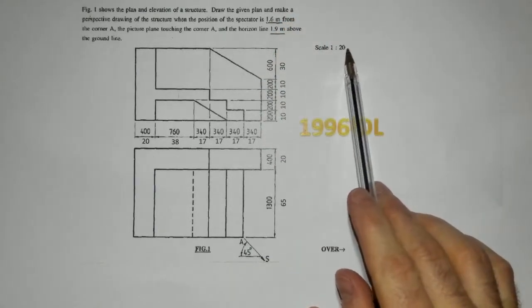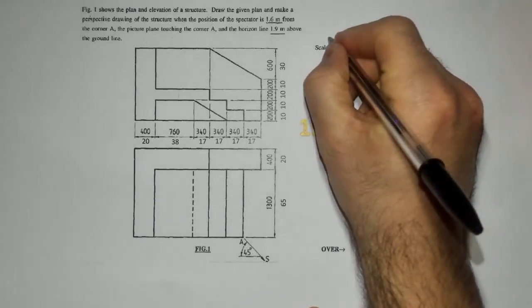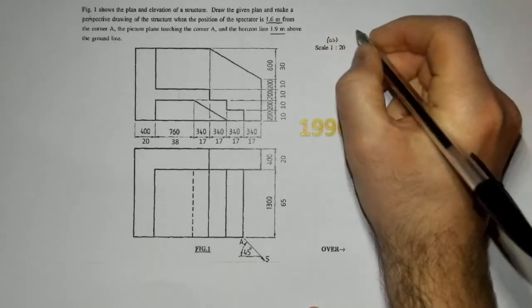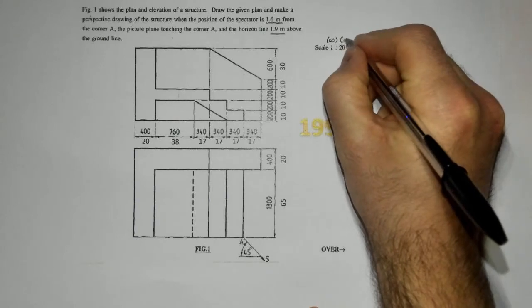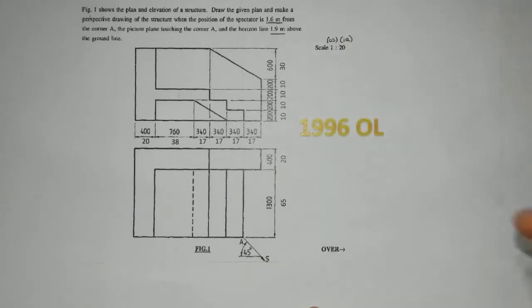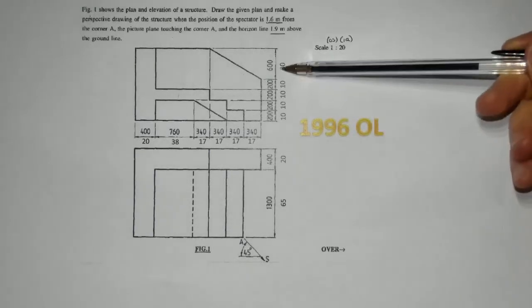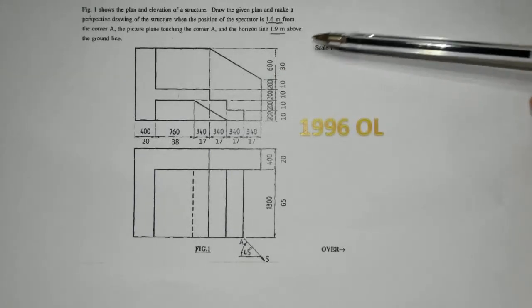What's important to note about that is essentially what that means is 1 millimeter on our sheet is to 20 millimeters in reality. Now, how we're going to actually do that, and you can see here I've put in the measurements and I've worked them out already.